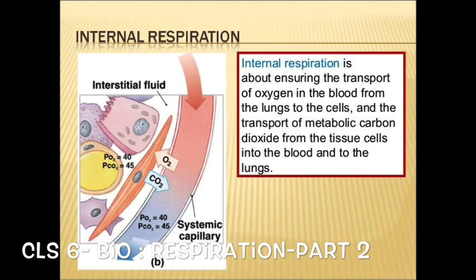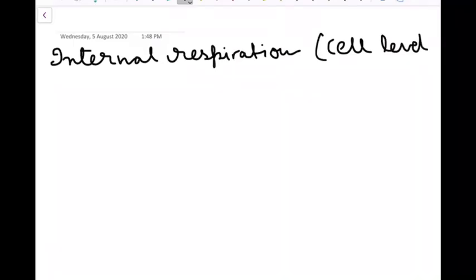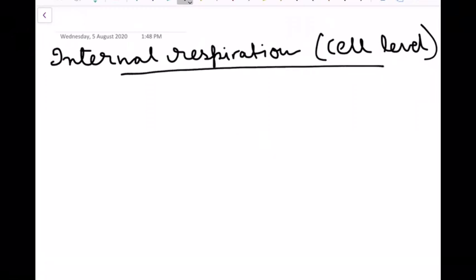Students, I will teach you the second type of respiration, that is internal respiration, that takes place at the cell level, so known as cellular respiration also. It is very easy, it's not that difficult to understand.